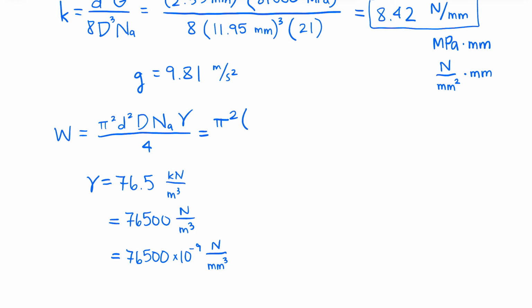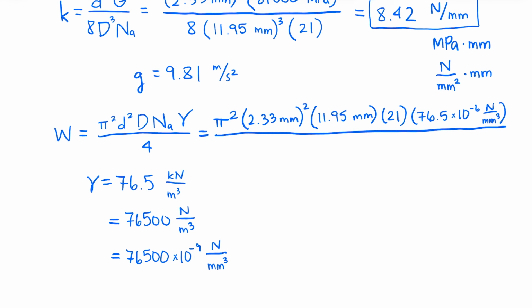So now I've got pi squared times 2.33 millimeters squared times the mean coil diameter, 11.95 millimeters, 21 active coils, and 76.5 times 10 to the negative 6 newtons per millimeter cubed.